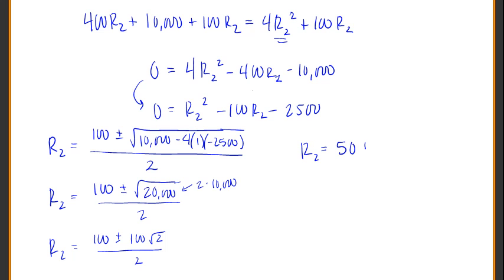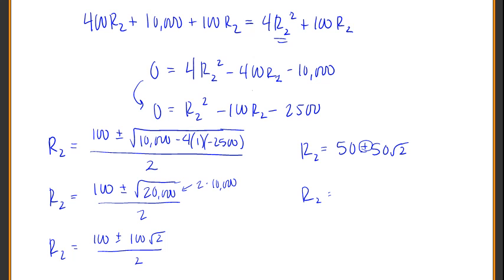So R2 is equal to 50 plus or minus 50 square roots of 2. We obviously don't have to go with the 50 minus 50 square roots of 2 because that's going to give you a negative answer, and you can't have a negative resistance. So the only one we really have to go with is the positive form right there.